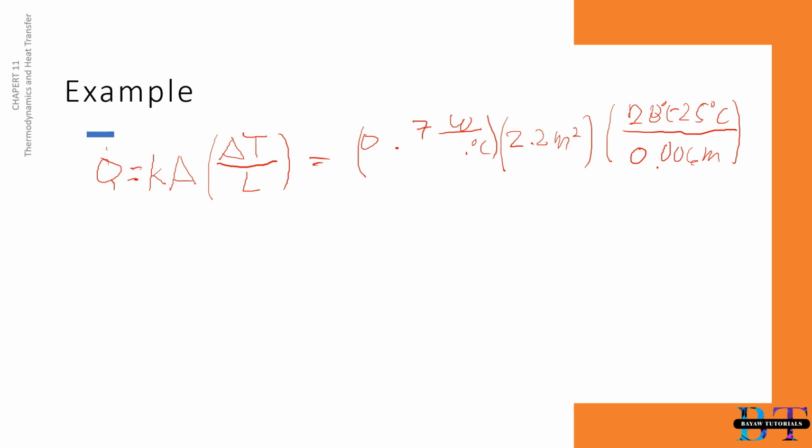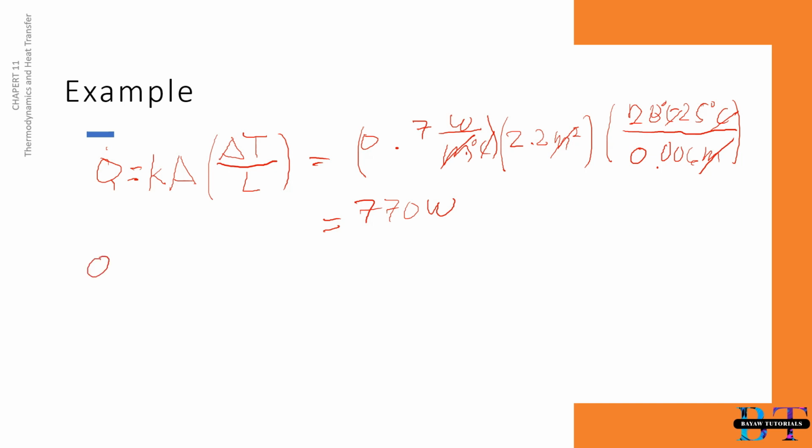Cancel the square meter, the meter, and the degrees Celsius, and the unit is watts. So our rate of heat transfer by conduction is equal to 770 watts.